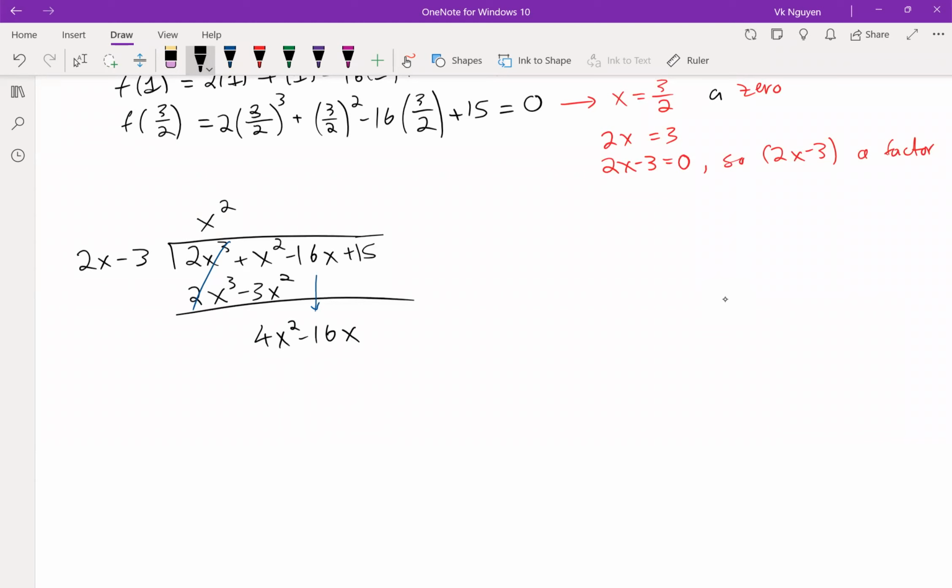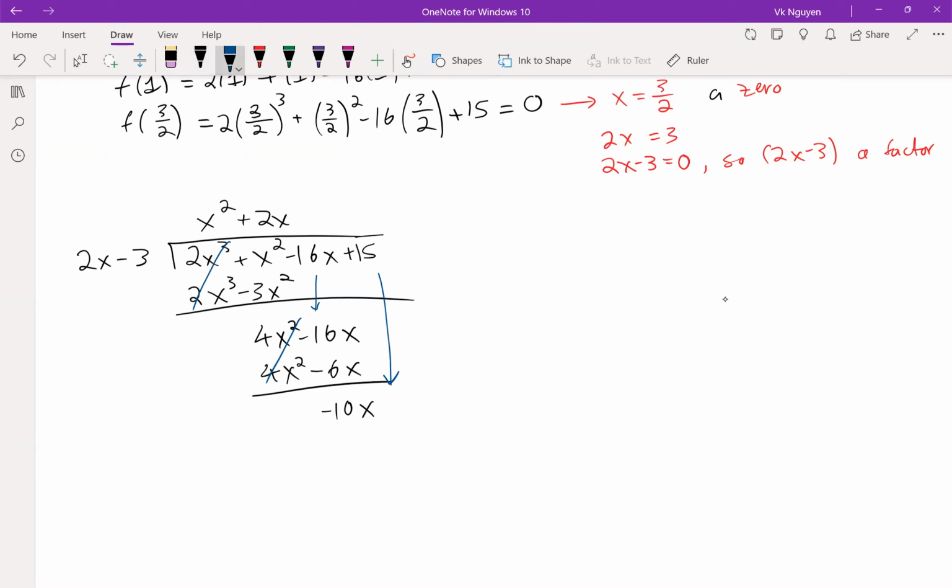2x going into 4x squared, 2x times 2x is 4x squared. 2x times negative 3 is negative 6x. Subtract them. We have negative 10x.